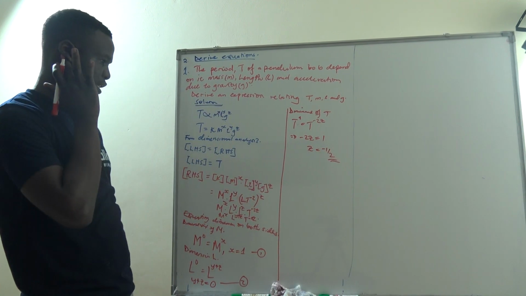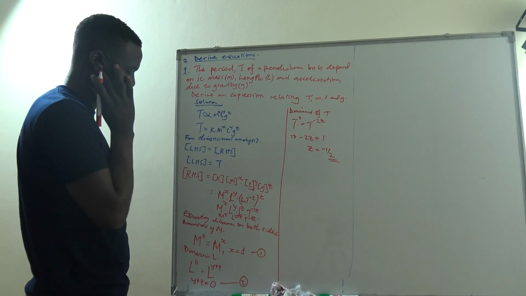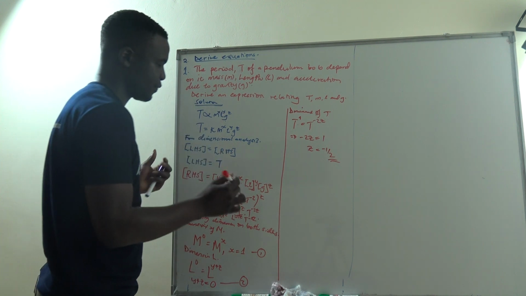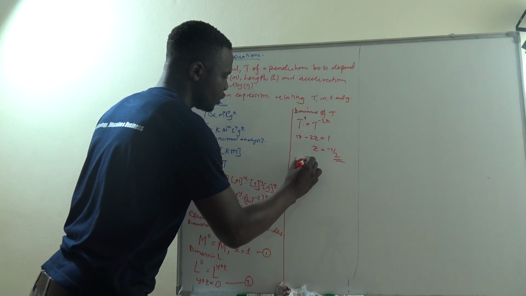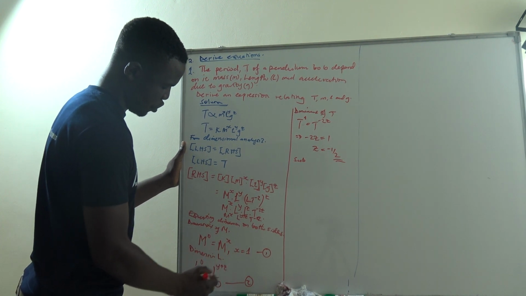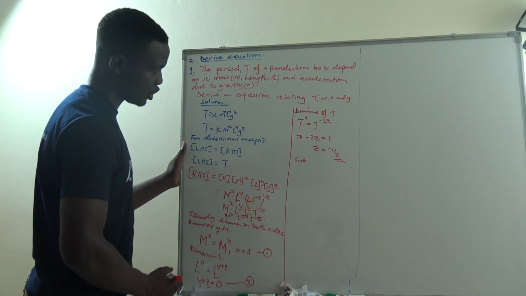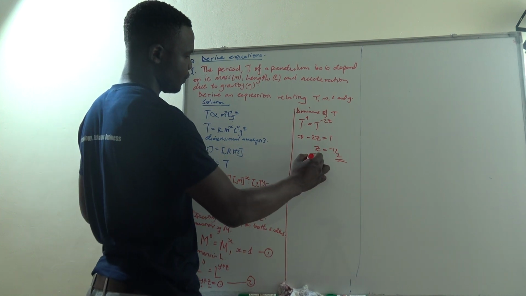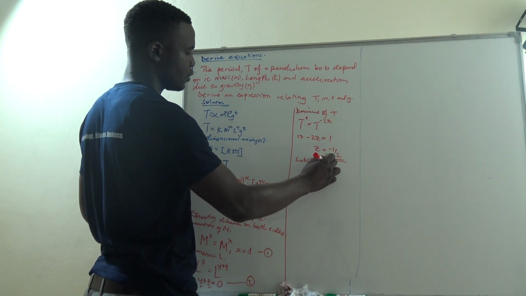Now, substituting z in equation 2, the only unknown is y.